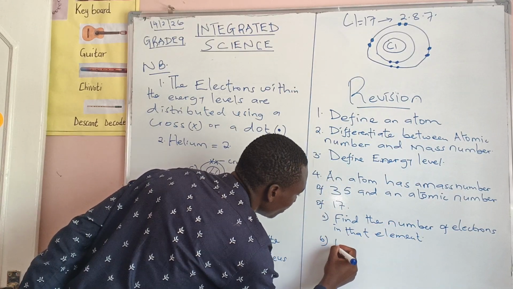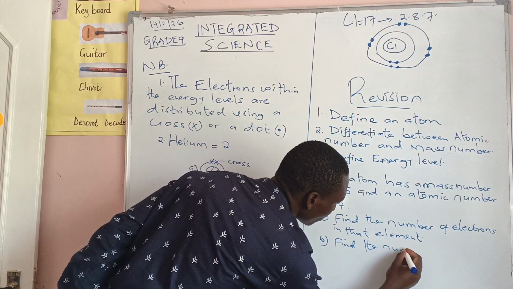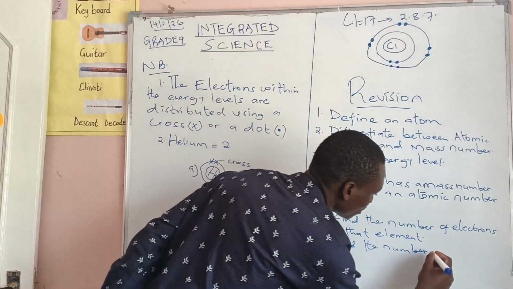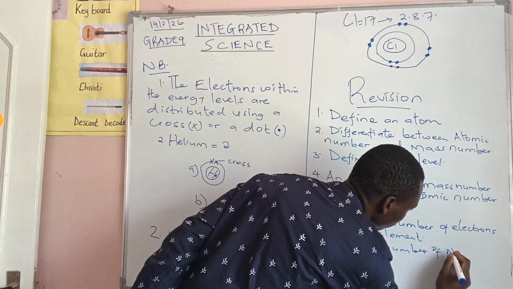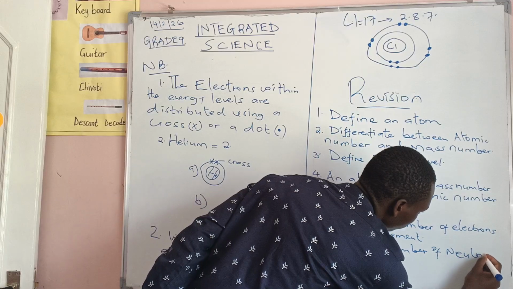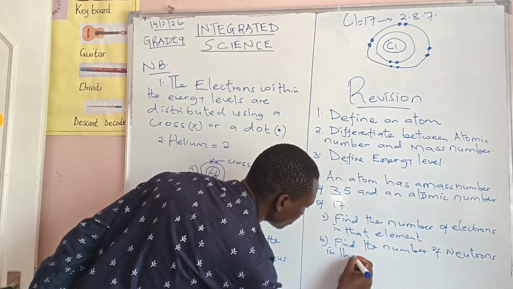Number B, find the number of neutrons in that element.